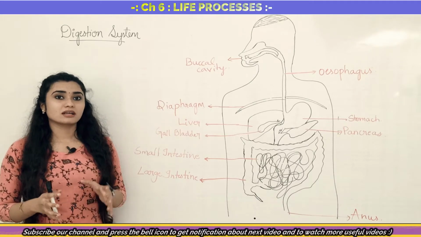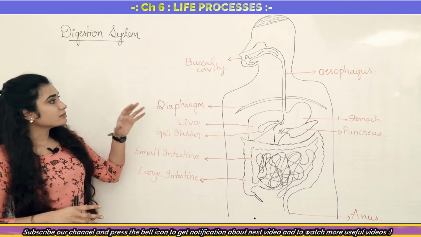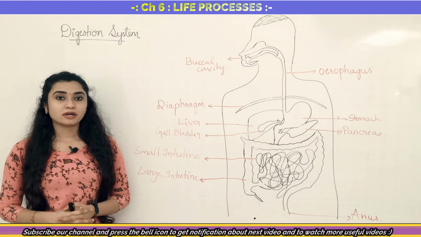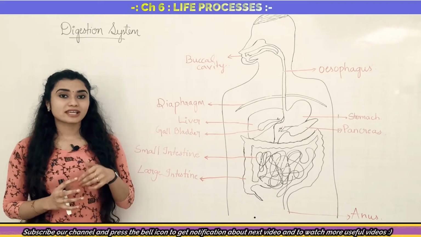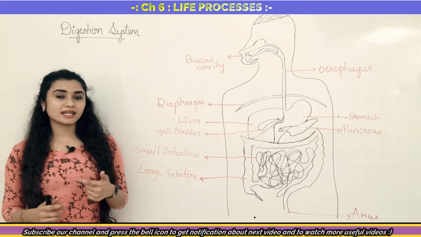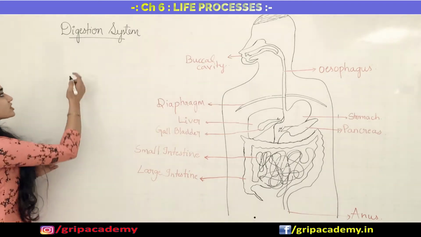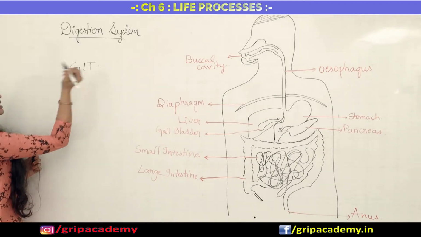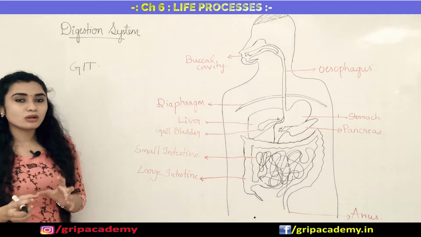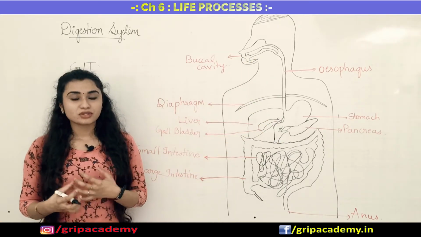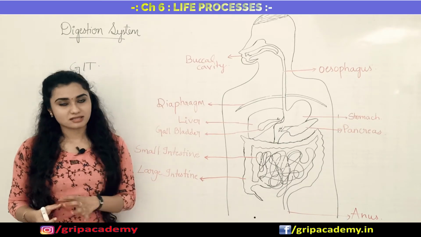This digestive system mainly involves two parts. The digestive system of a human is a sum of the gastrointestinal tract and accessory organs. The gastrointestinal tract, called GIT, is a hollow tubular structure through which the food we eat passes along.